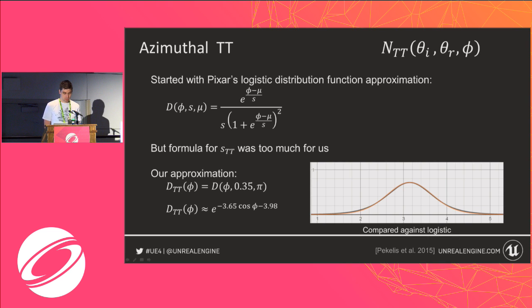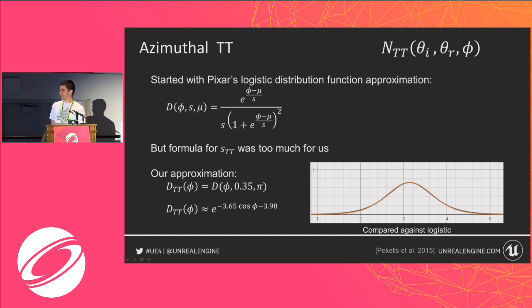For the distribution, for the azimuthal TT, we started with Pixar's logistic distribution function approximation. They had a very nice approximation that involved a formula for S that was fitting this logistic function. That formula for S was a bit too heavyweight for us, so I replaced it with the constant 0.35.